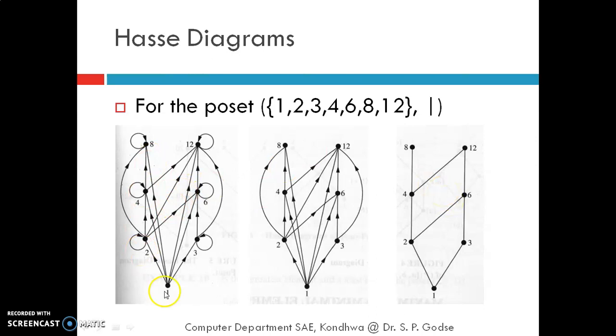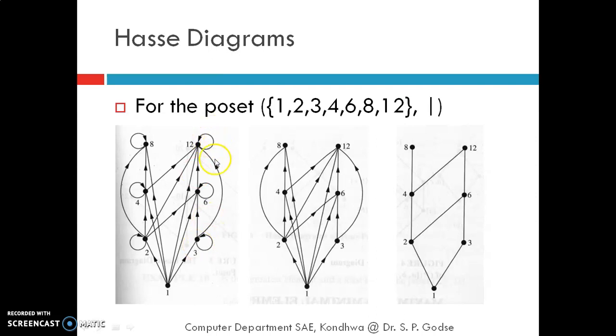You can see 1 divides 2, 2 divides 4, 4 divides 8, 1 divides 3, 3 divides 6, 6 divides 12. Again, transitivity is also initially in the diagram, and then self loops are there.